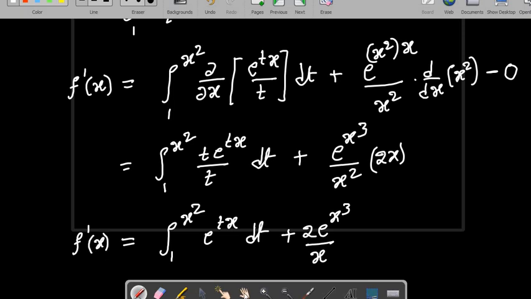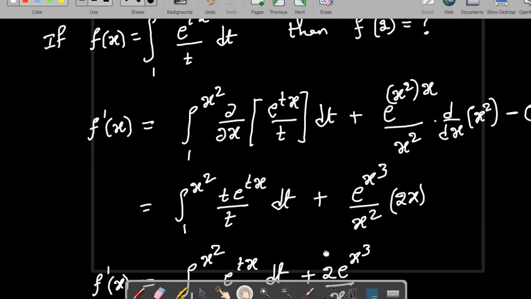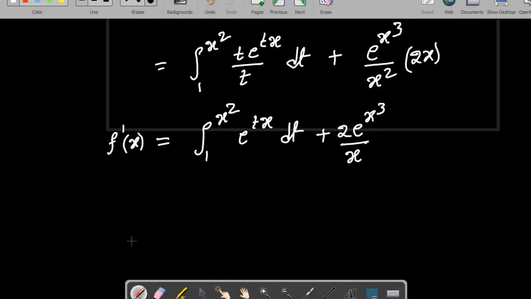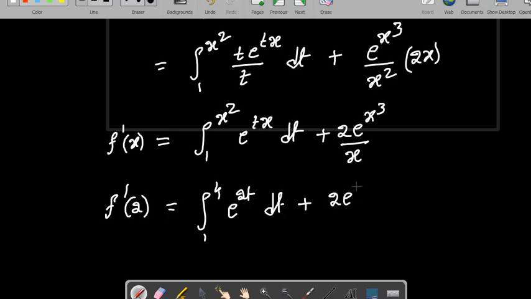Of course we can integrate it, but anyway, they are asking for f dash of 2. So let me just find that. F dash of 2 equals integral 1 to 4 of e power 2t into dt plus 2 e power 8 over 2. You can simply integrate.